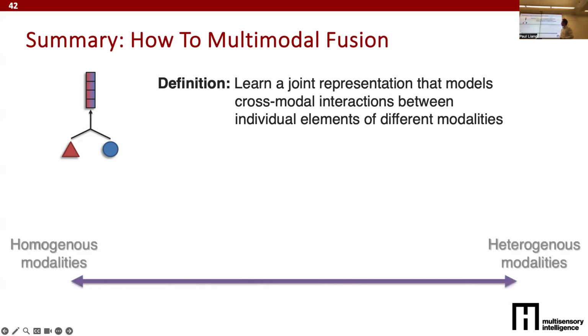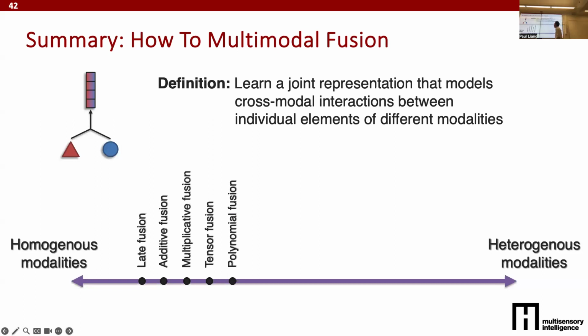We looked at a spectrum, cases where either your data modalities come in already quite homogeneous, or you've extracted features to make them more homogeneous and more semantically comparable, or data that is more heterogeneous or very different from each other. And there are basically a lot of methods.